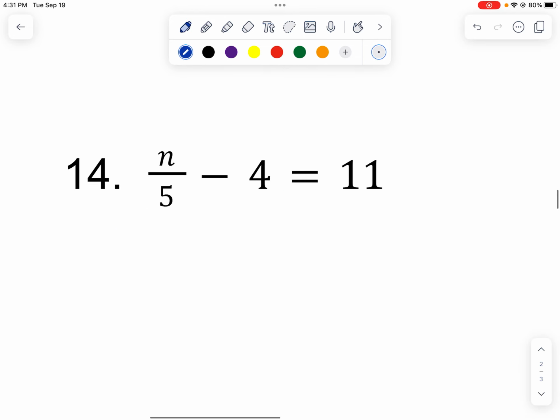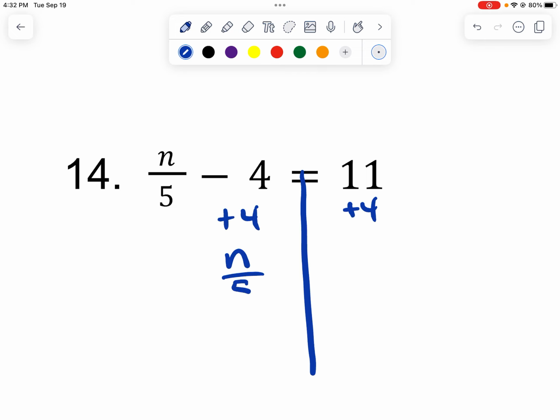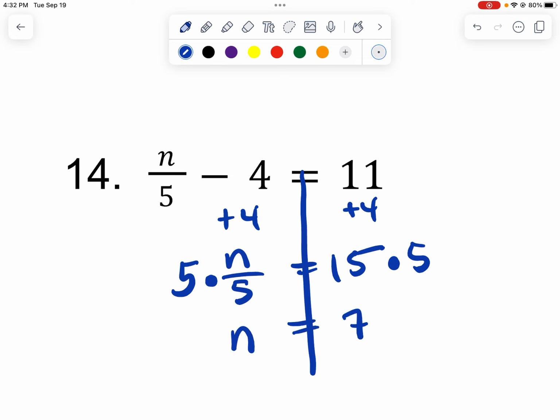This one, I would add 4 to both sides. N over 5 equals 15. I want to get rid of that denominator, so I multiply both sides by 5. N equals, and that's going to be 75.